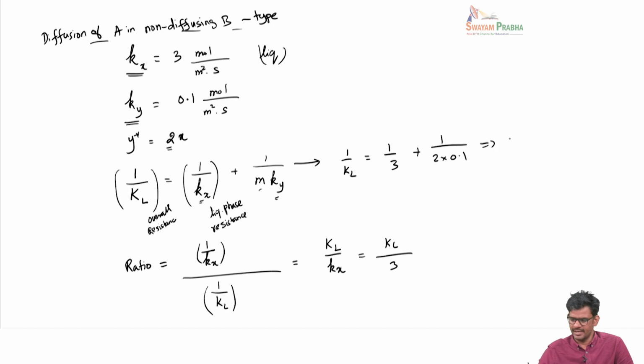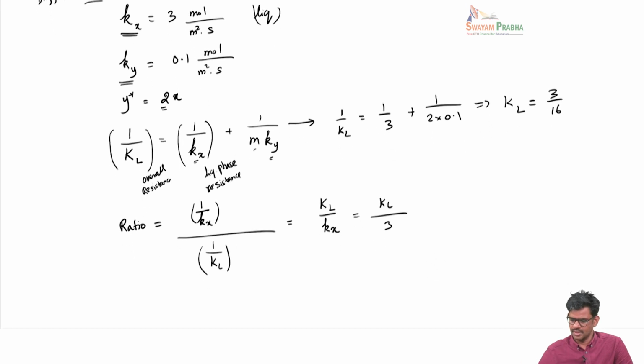From here, if you calculate KL, you will get 3 by 16. And then if you substitute that KL here, you will get 1 by 16. That's the answer, which is equal to 0.0625.